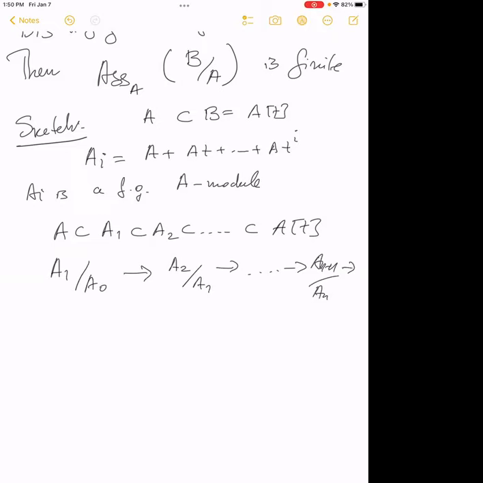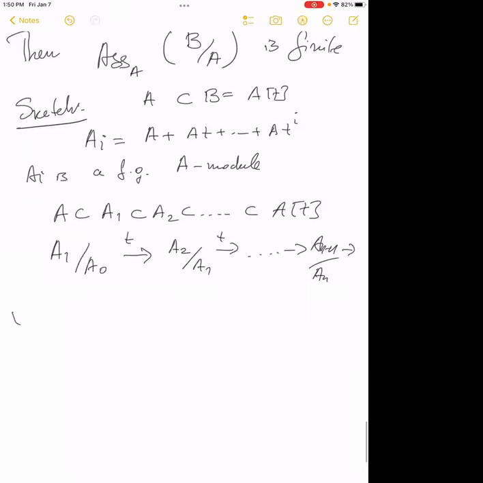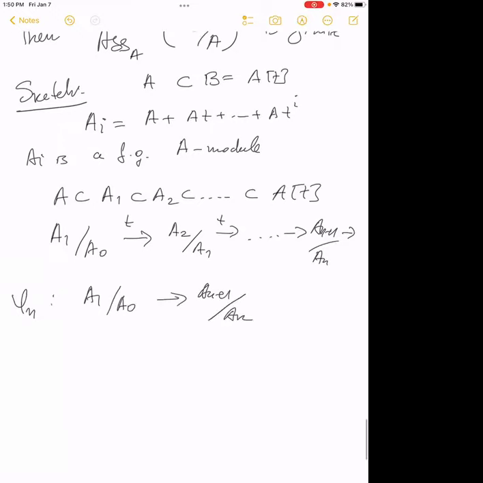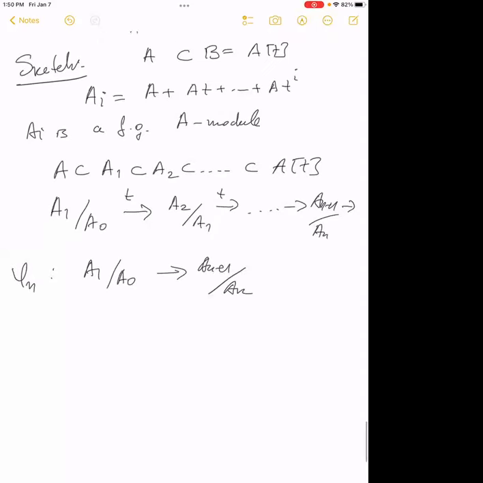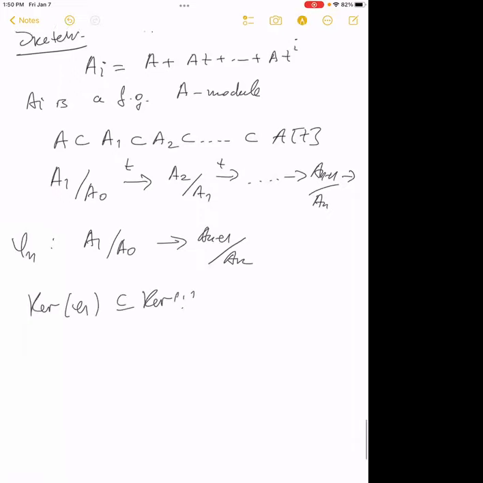There is a map between these quotients, which is multiplication by T. And I can look at the composite map from A1 divided by A0 to A_{n+1} divided by A_n, and I can look at the kernels of these maps. So the kernel of phi 1 is contained in the kernel of phi 2, which is contained in the kernel of phi n.